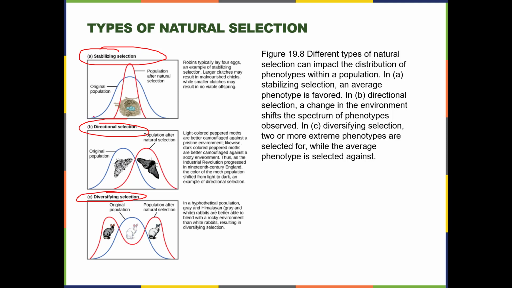For example, the original population, let's say birds have anywhere from 2 eggs to 10 eggs. That's the original span, the number of eggs that a bird lays. After selection, there's going to be a selection towards a middle, moderate number of eggs.